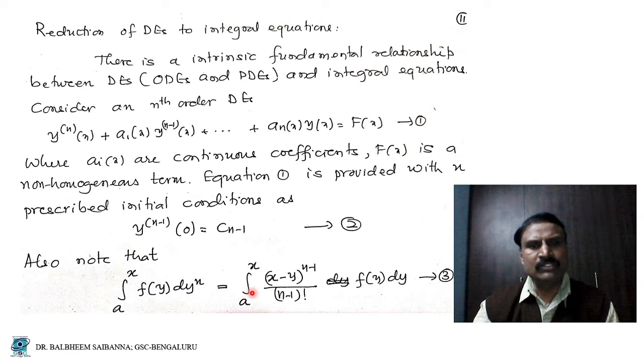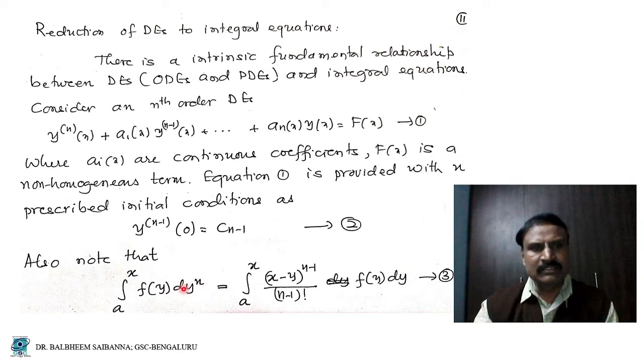Also note this very important formula; when you are solving problems, we use this one. The integral over a to x of f of y dy to the power of n equals the integral over a to x of (x minus y) raised to power n minus 1 divided by (n minus 1) factorial, times f of y dy.